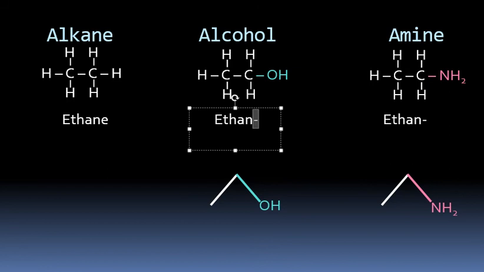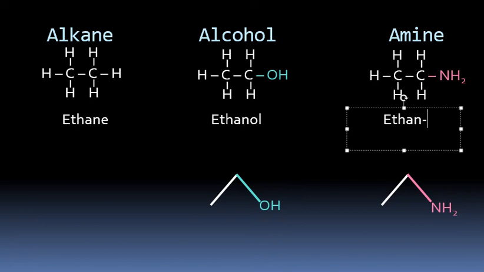And if one of those carbons has an OH group attached to it, instead of as many hydrogens as the plain Jane alkane, we give that new molecule the ending OL. In this case, the terminally substituted alcohol version of ethane would be ethanol.